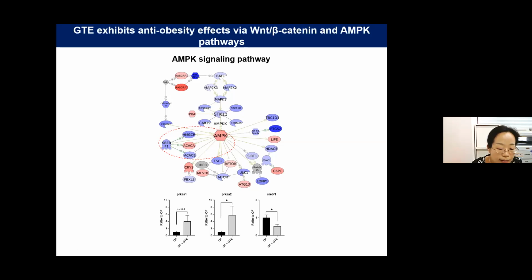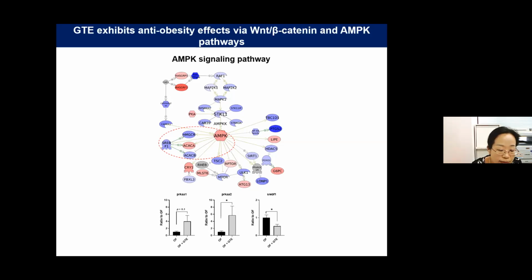And the later qPCR revealed that the messenger RNA expression level of PRKAA1, which is the AMPK subunit 1, showed a tendency towards an increase, and the AMPK subunit 2 showed a significant upregulation by GTE treatment.